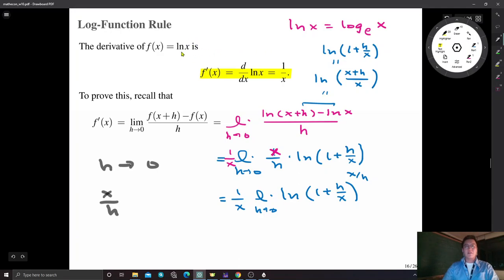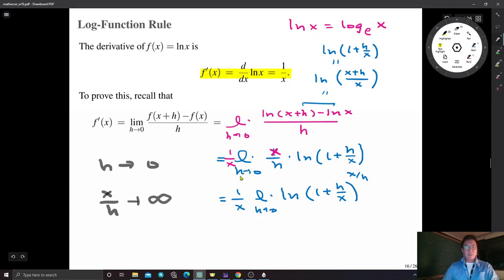So this is defined for positive values of x. So x is some positive number. Okay, so when x is positive, if we let the bottom go to 0, this quantity x over h will go to positive infinity.